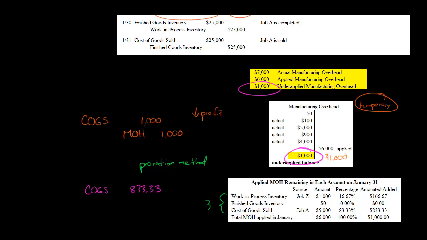So we're going to take 83.33% of the underapplied balance of $1,000 and add it to cost of goods sold. So we're going to debit cost of goods sold for that. Now the remaining amount, the 16.67%, went to work in process inventory. So we're going to increase work in process inventory by $166.67.